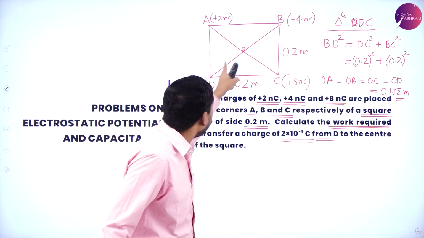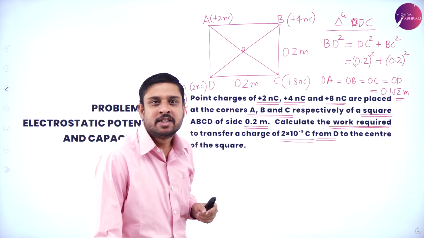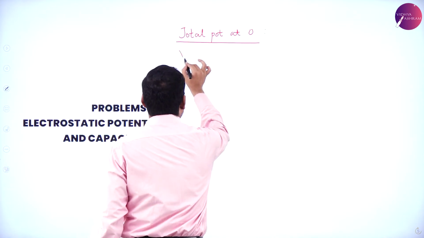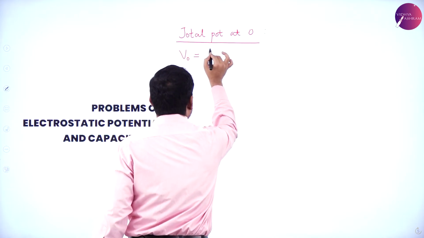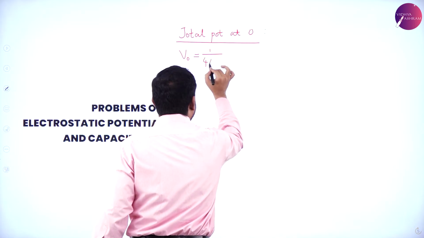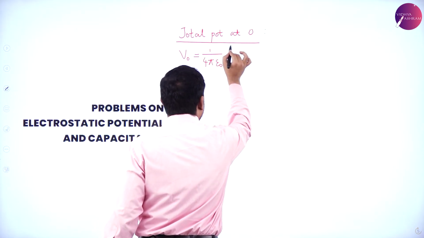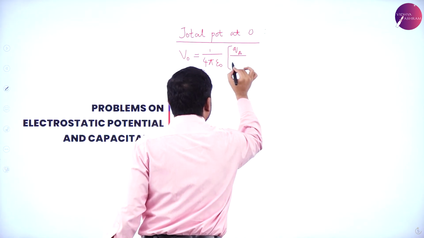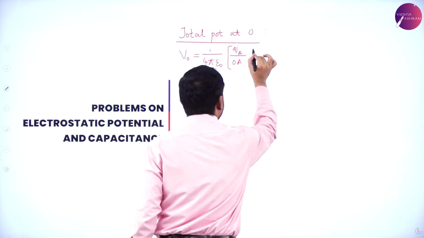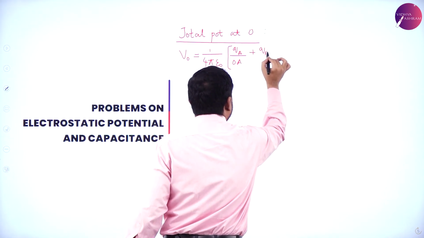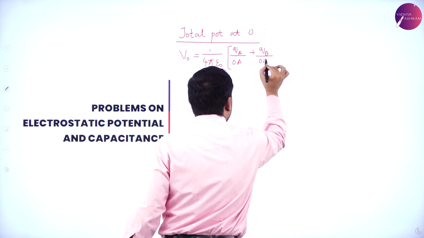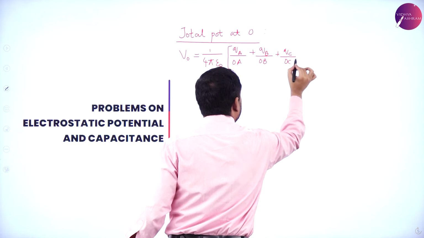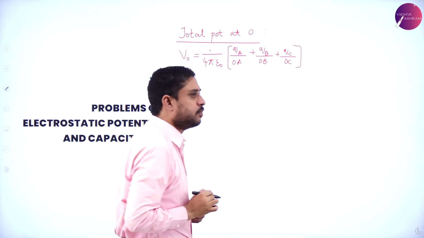I am moving the charge from D to O, so it doesn't contribute. So here, V naught, 1 by 4 pi epsilon naught is common. This is QA by OA plus QB by OB plus QC by OC.